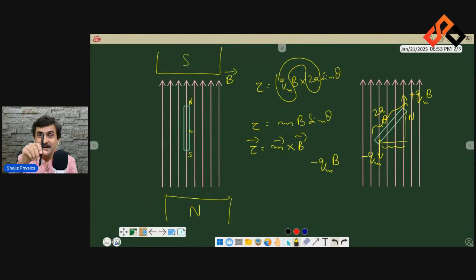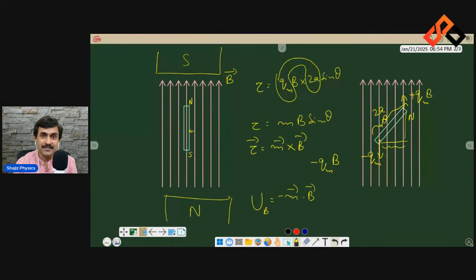But you are doing work against the torque, and that work done by the external agent, here it is you or me, will be stored in the magnetic dipole as its magnetic potential energy. And here also that potential energy UB can be written as minus m dot B.